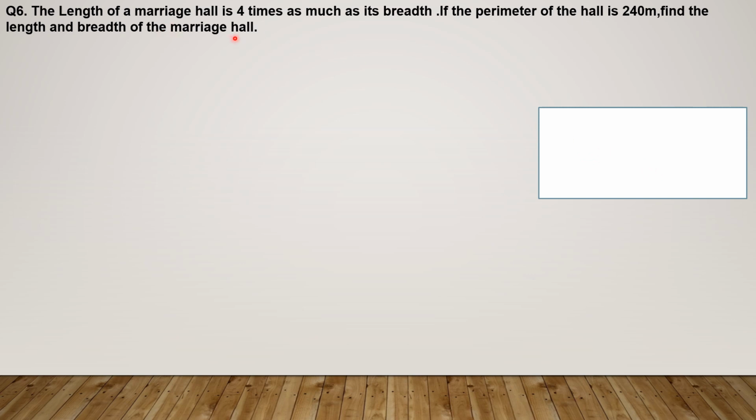Okay, length is 4 times as much as its breadth. Means if you suppose that breadth is x, then length will be 4 times x, means length will be 4x. The next is, if the perimeter of the hall, perimeter means the whole boundary.